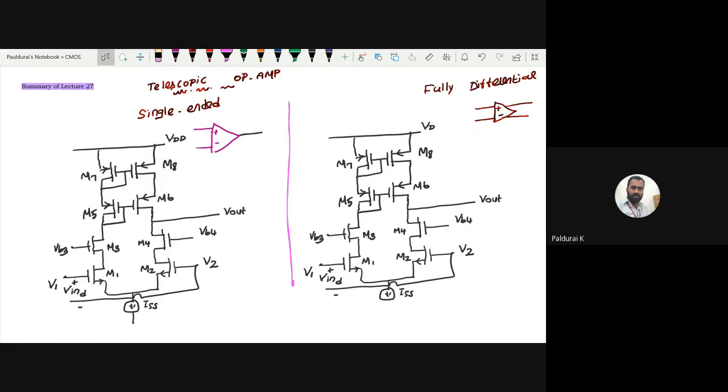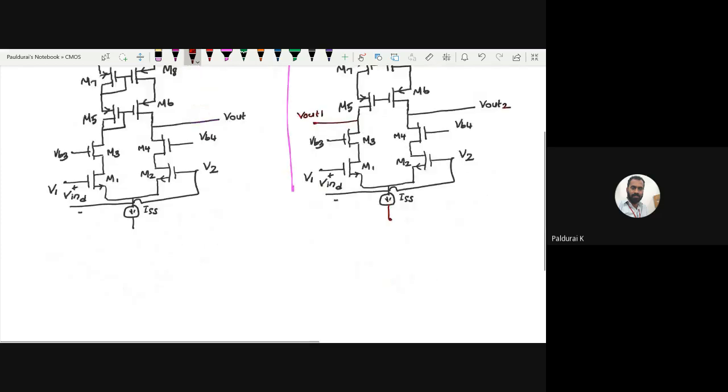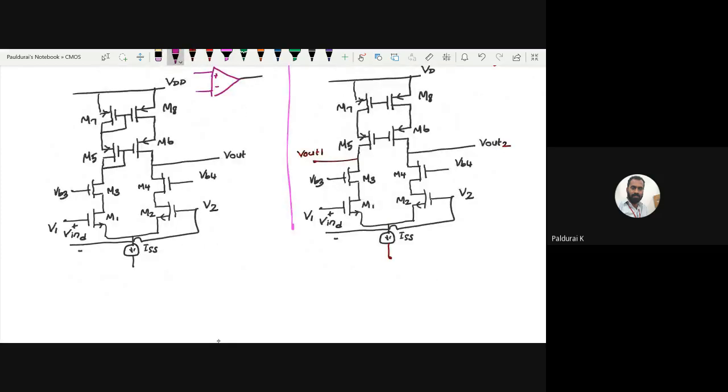The difference is you want to remove this diode connected device, and here you can measure the outputs. Let me call this Vout2 and this is my Vout1. And we derived the gain formula for this. In general, this structure is symmetric, so you can go with the half circuit technique.